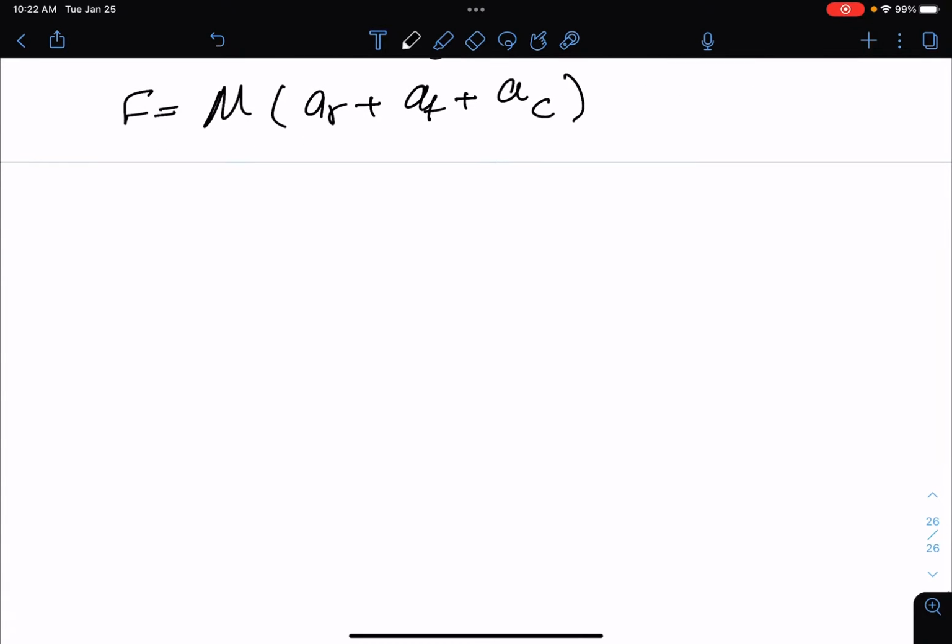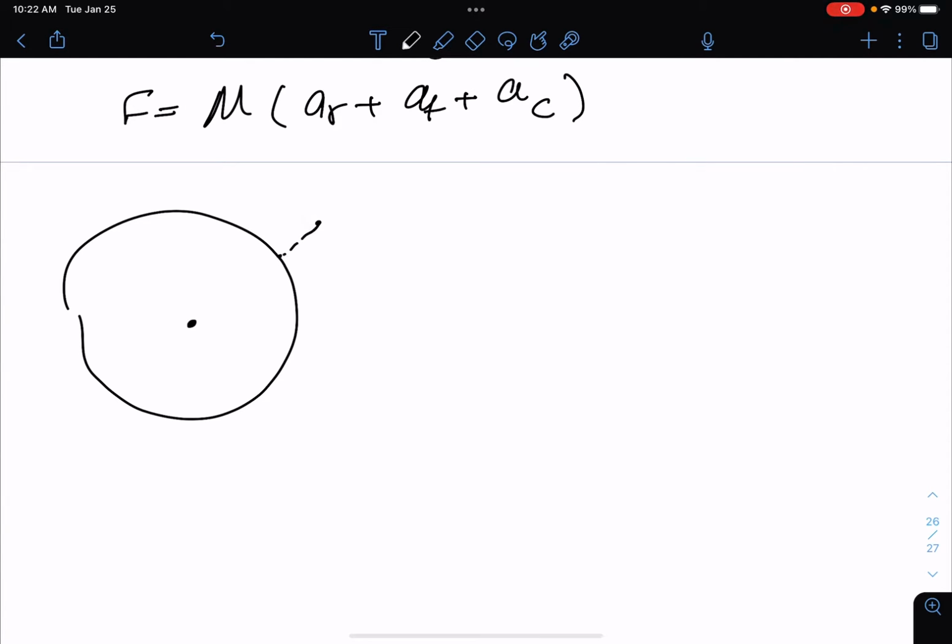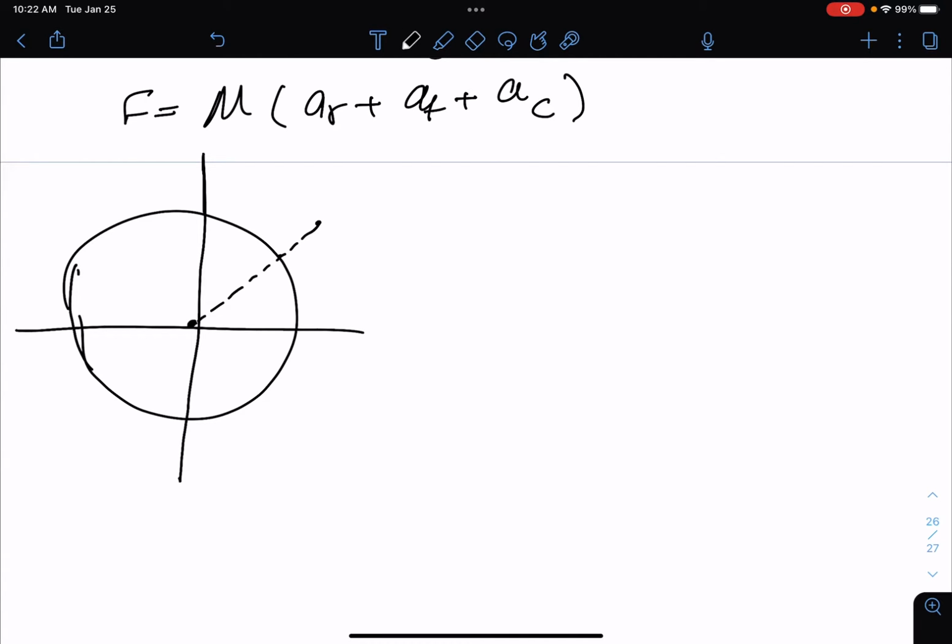We also talked about the angles that we were dealing with. If you are on the Earth, your airplane is moving here, and you have the coordinate system. What did we call this angle? Theta. Latitude, right?